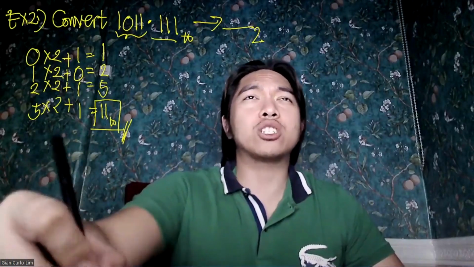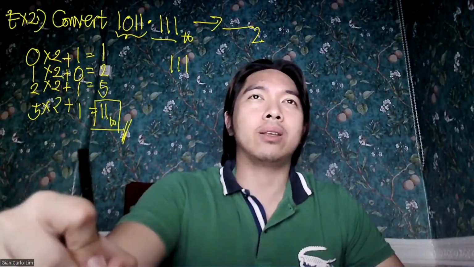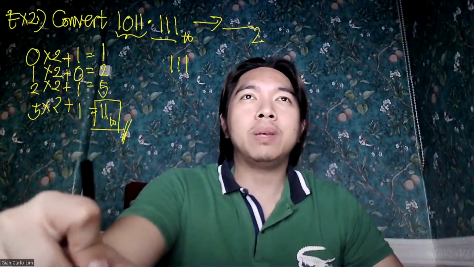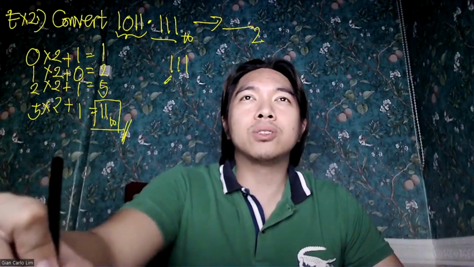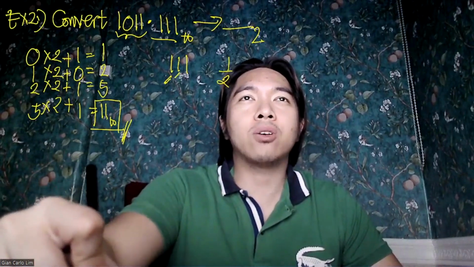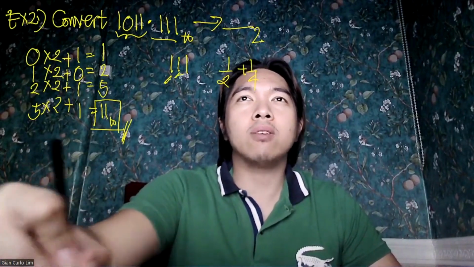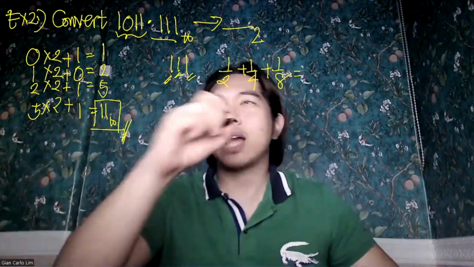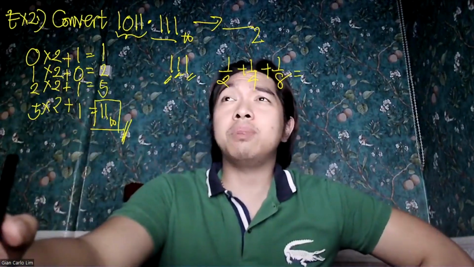Now let's go to the fractional part. So 111. Alright. So this would be 1/2, 1/4, and 1/8. Alright? So how do we add the similar fractions?